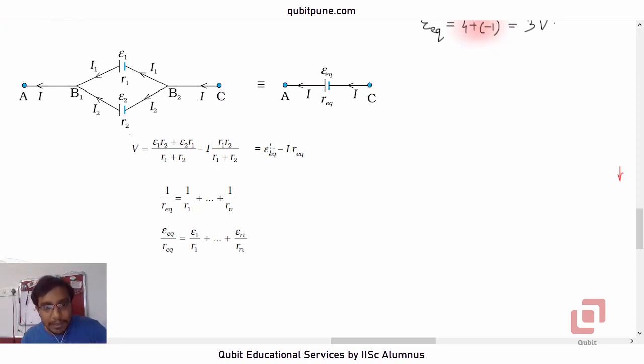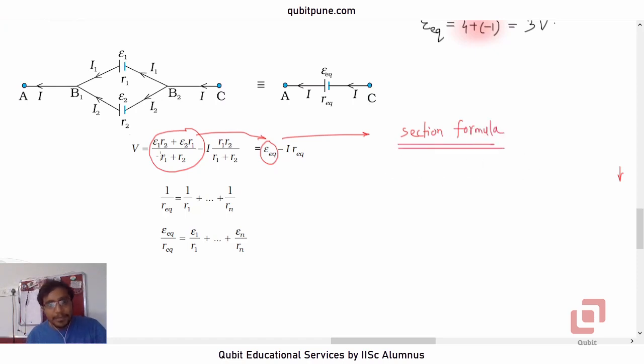The equivalent EMF for a two cell combination is very much like the section formula, if you remember what the section formula is. It's epsilon 1 R2 plus epsilon 2 R1 upon R1 plus R2. And for the equivalent internal resistance of the cell, it's a parallel combination formula that all of you know.